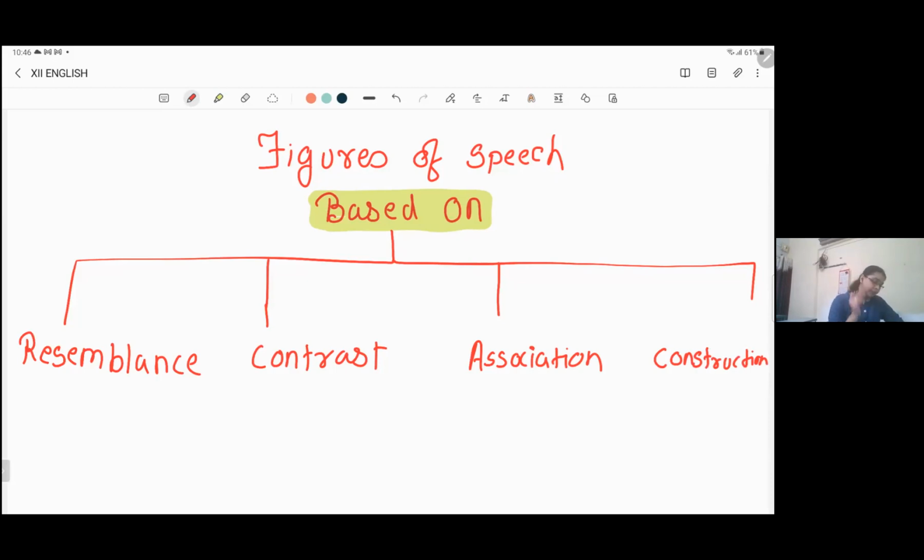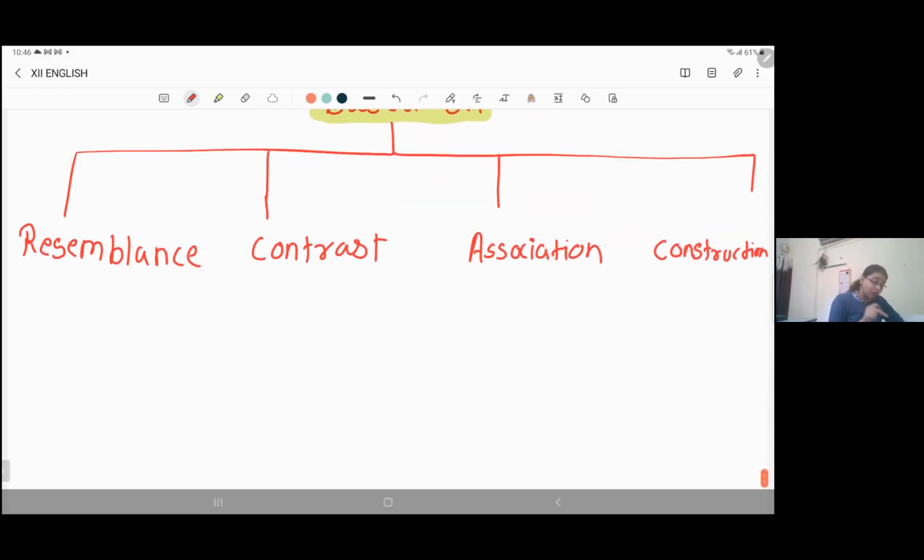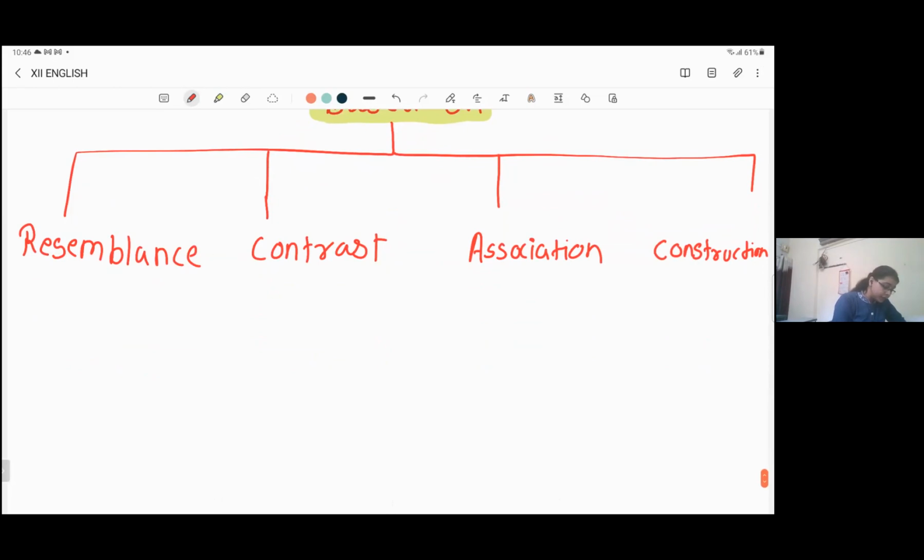Right? Now below resemblance, which figures of speech are coming? That is metaphor and simile. Right?